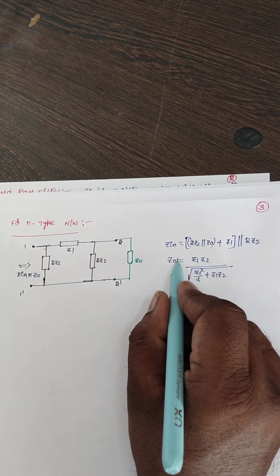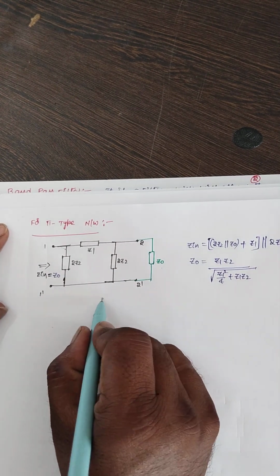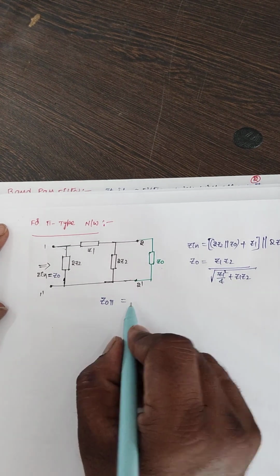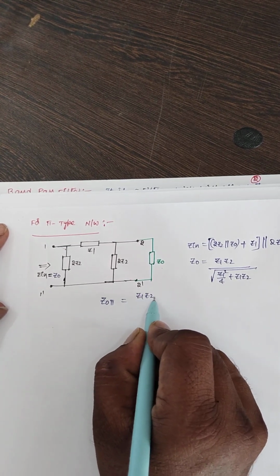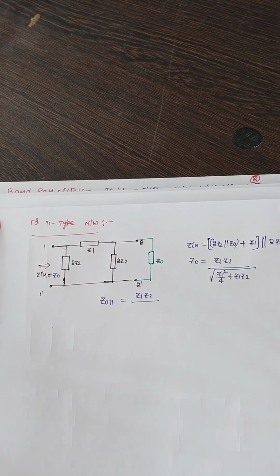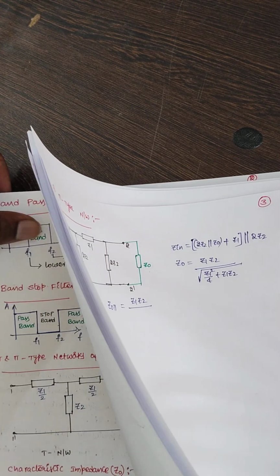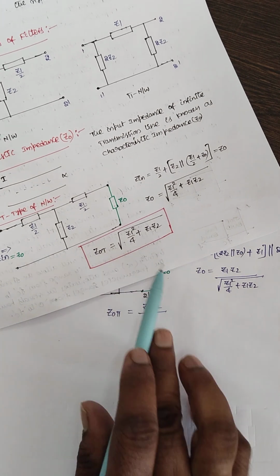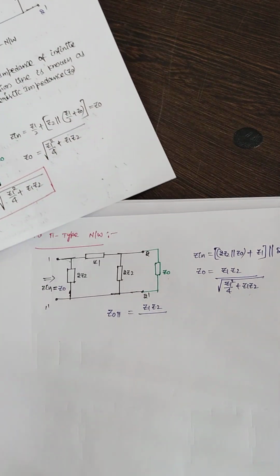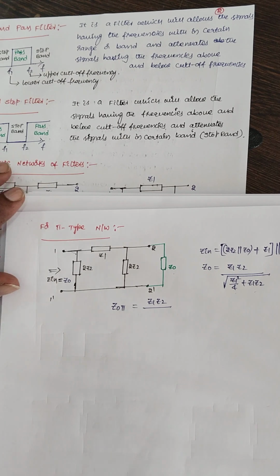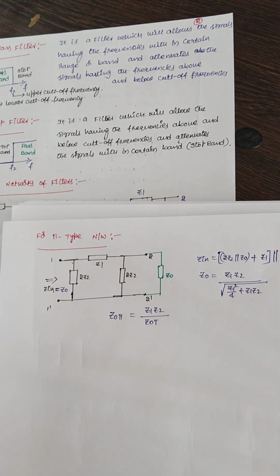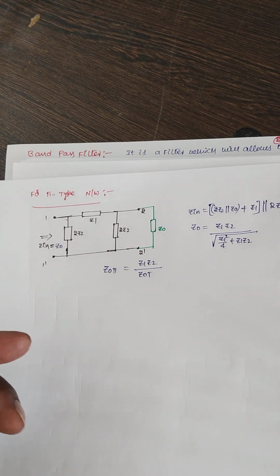Since it is a pi type of network, I can write it as Z0 pi, that is equal to Z1 Z2 by, this expression, just now we calculated, is Z0 T. Square root of Z1 square by 4 plus Z1 Z2 is nothing but Z0 T. So this is also an important expression for analyzing the filters. So keep it in a box.